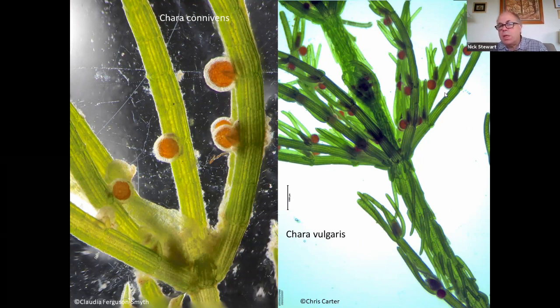Now this one is a monoecious species, and you can see that the spores are beginning to develop there, but even before they've developed that far, you'll find that the antheridia, the male, is slightly obliquely below the node. So that does come in useful.